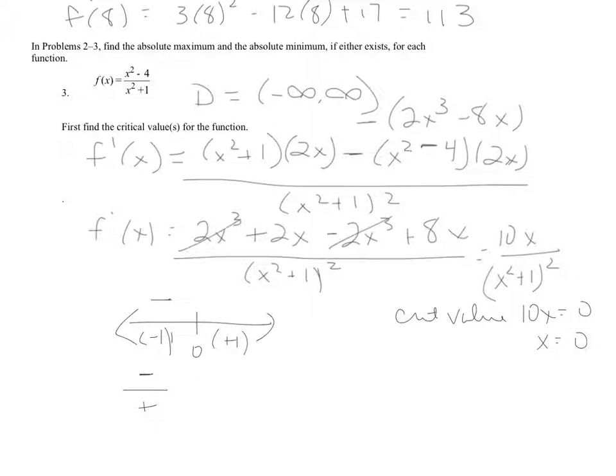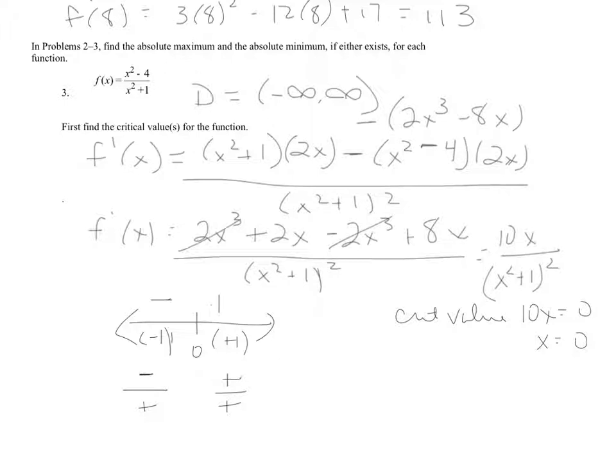Now if I put a +1 in for x, that's going to give me a positive on top over a positive on bottom. Do I have a change in signs? I do. So what does that tell me?